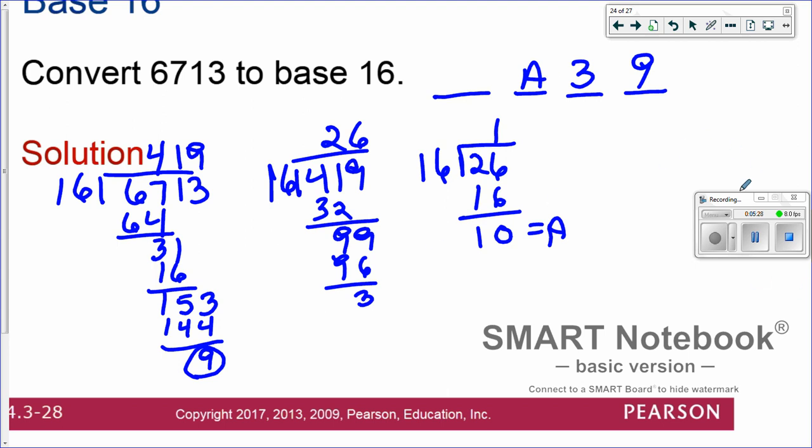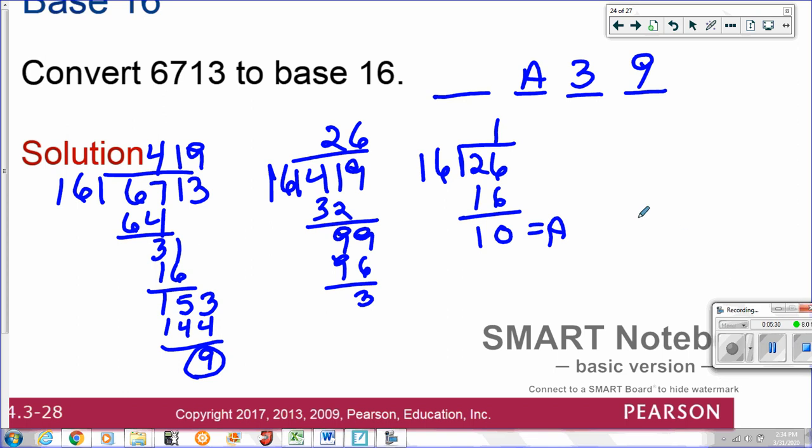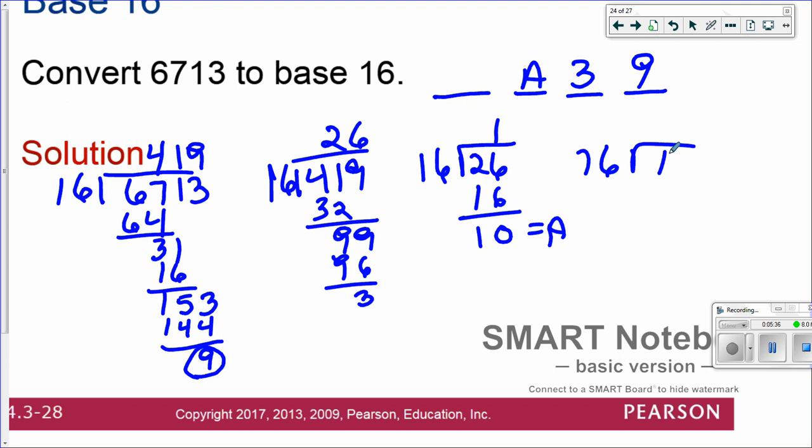Let me just move this thing out of the way. So now I have just 16 into 1, which goes 0 times, and a remainder of 1. So that would be my answer, 1A39 base 16.